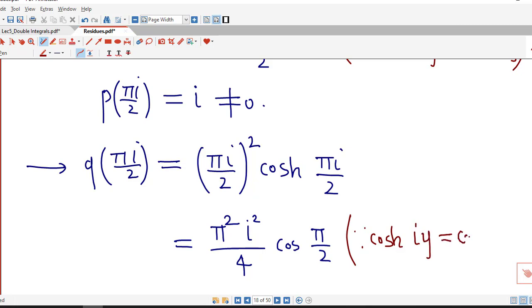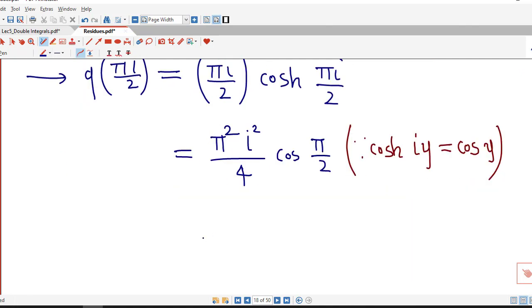Cos hyperbolic iy is nothing but cos y. Here y equal to pi by 2, and cos pi by 2 is 0. So that means the value of function q at pi i by 2 is 0.